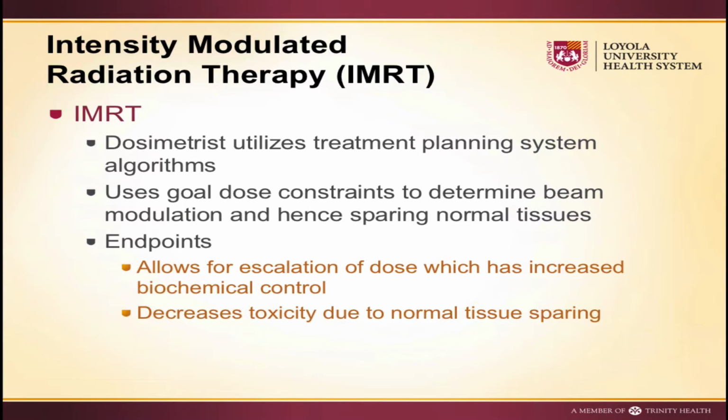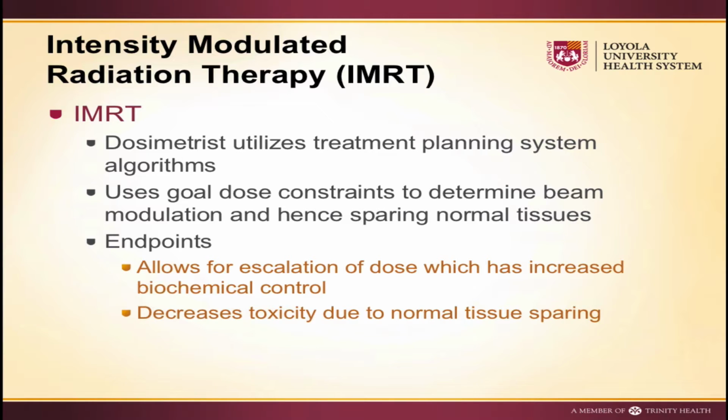So like I talked about before, the more modern use of external radiation is IMRT. It's an acronym for intensity modulated radiation therapy. Essentially what we do is continuously shape the beam to customize the treatment for the patient and minimize the dose to the surrounding organs.